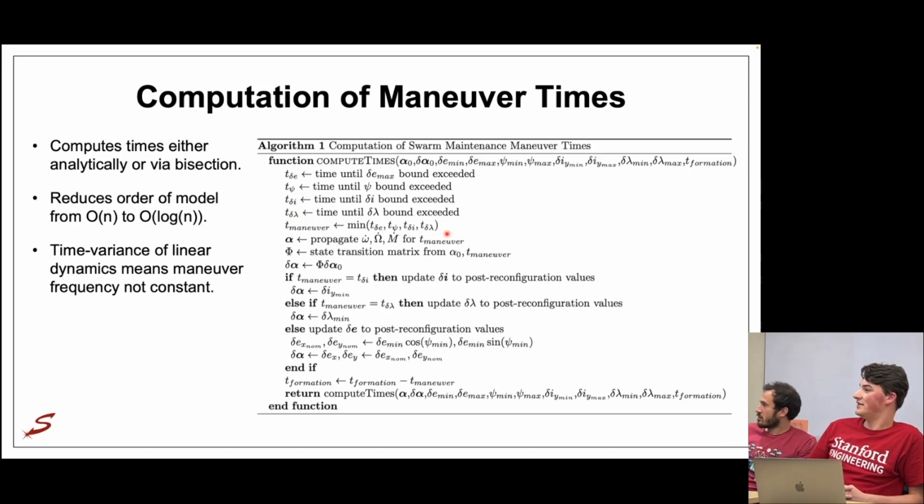So where this achieves efficiency for a reduced order model, it does not achieve the same level of simplicity as we had in circular orbits. I'm going to keep working on ways to make this simpler, but due to the time variant dynamics, it may not be possible to simplify it much beyond this for the purposes of reduced order modeling. It's just a more complicated problem because you have time variant dynamics.